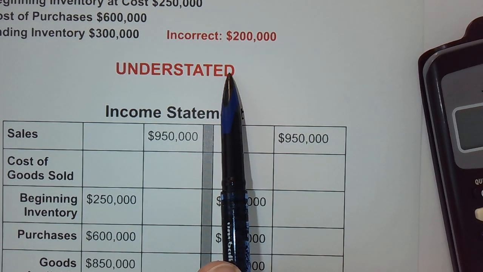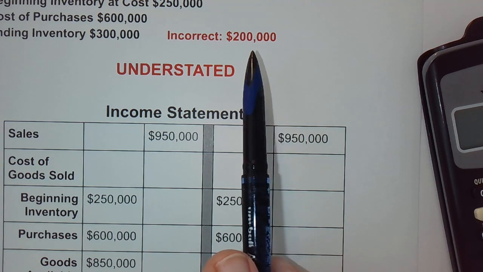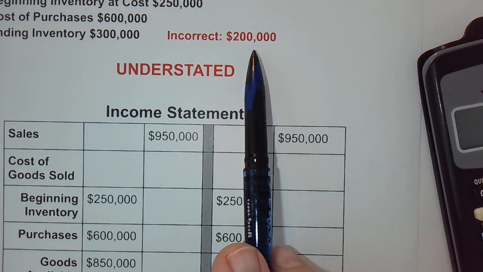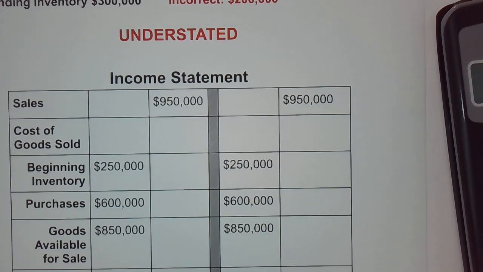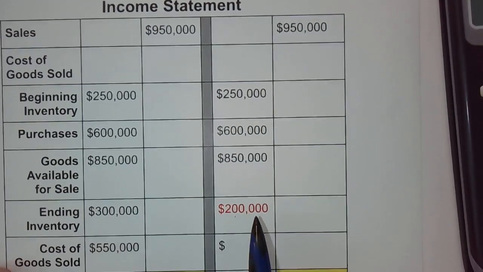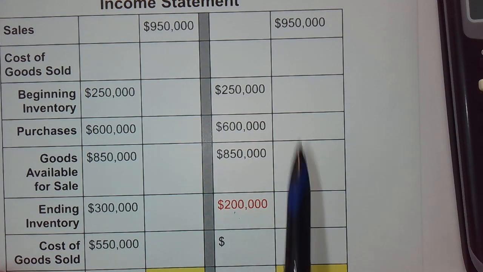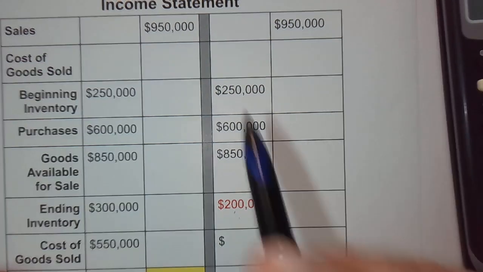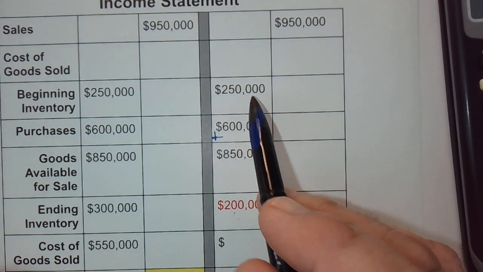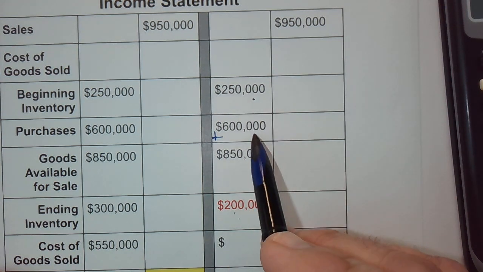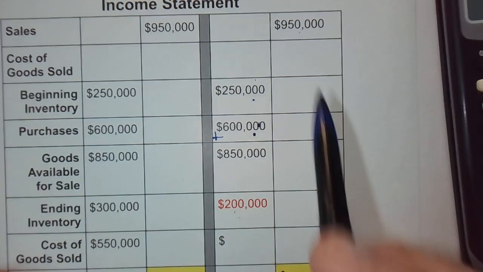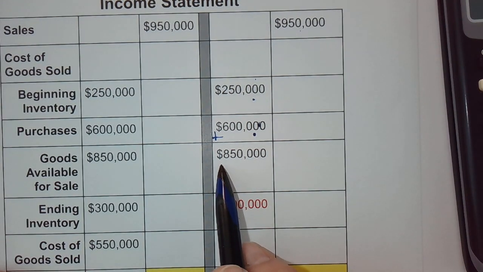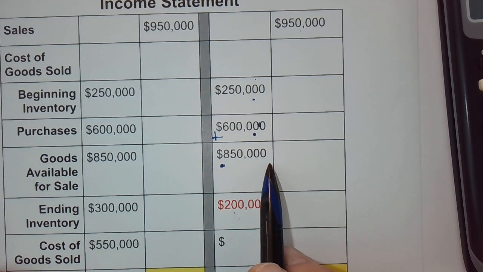So there was something they forgot to count, something that somebody was in charge of counting and they didn't, or they added wrong, something happened, and they have a final inventory of only 200,000. So everything else is the same. I add the 250,000, which is the beginning inventory, to our purchases for the year. These are correct numbers. That gives us goods available for sale of 850,000.